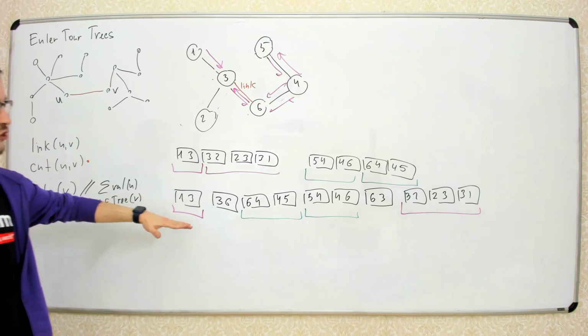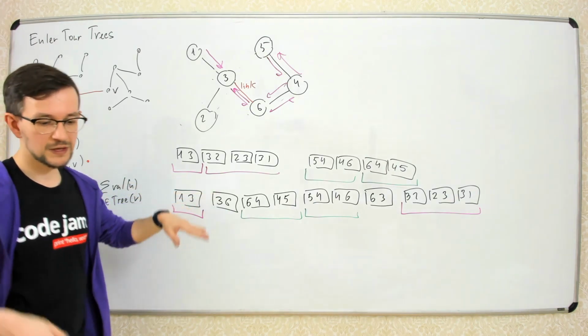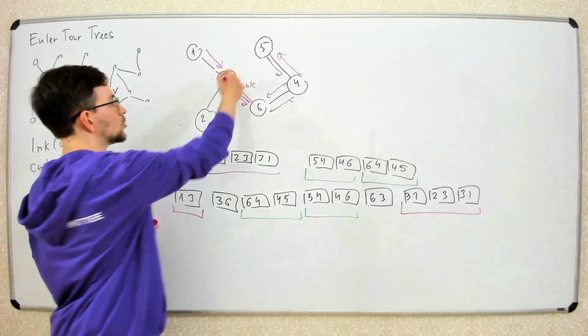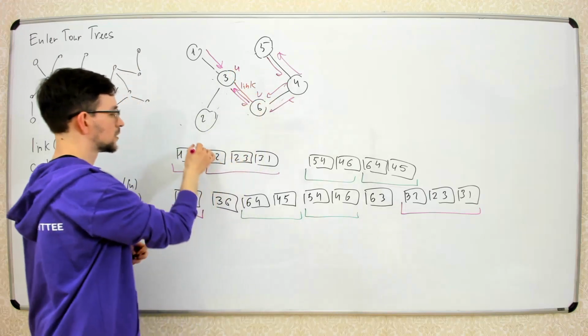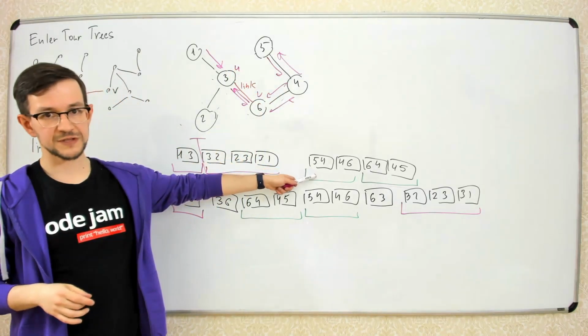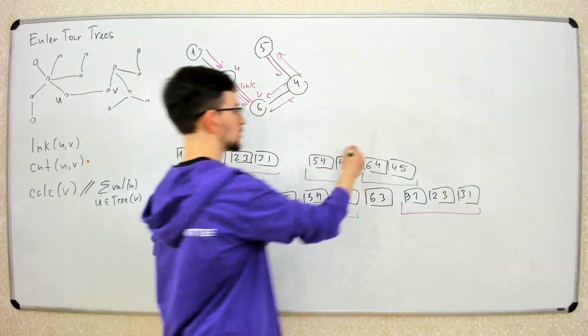So again, how do we construct this Euler Tour? We take the Euler Tour of the first tree and split it at the position where we visit node U. So this node U, this node V. So we split it here. We take the Euler Tour of the second tree and split it at the position where we have node V. So we split it here.